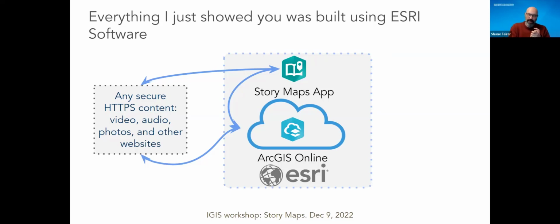And you can see on the side here, it mentions, really importantly, that any of the data that we bring into ArcGIS story maps and ArcGIS Online needs to have a secure connection. So it has to be HTTPS. Like I said, if it's not, you will not be able to bring it in. It'll act like it is, but you'll end up with blank images, blank video, or blank pages inside of ArcGIS Online and inside the web apps. So just keep that in mind.